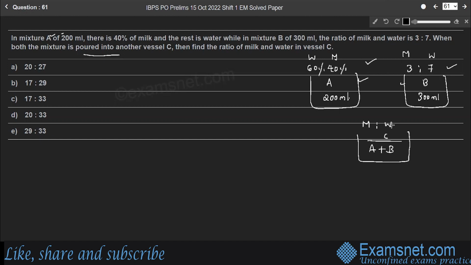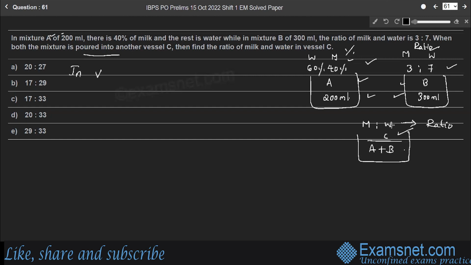In vessel A, the percentage of milk and water is given, whereas in vessel B, the ratio is given. Depending upon the percentage and ratio, we need to find the quantity of milk and water in each vessel. Then add those quantities, and you will get the final quantity of milk and water. Depending upon the quantity, we find the ratio of milk and water in vessel C. Let us go step by step.